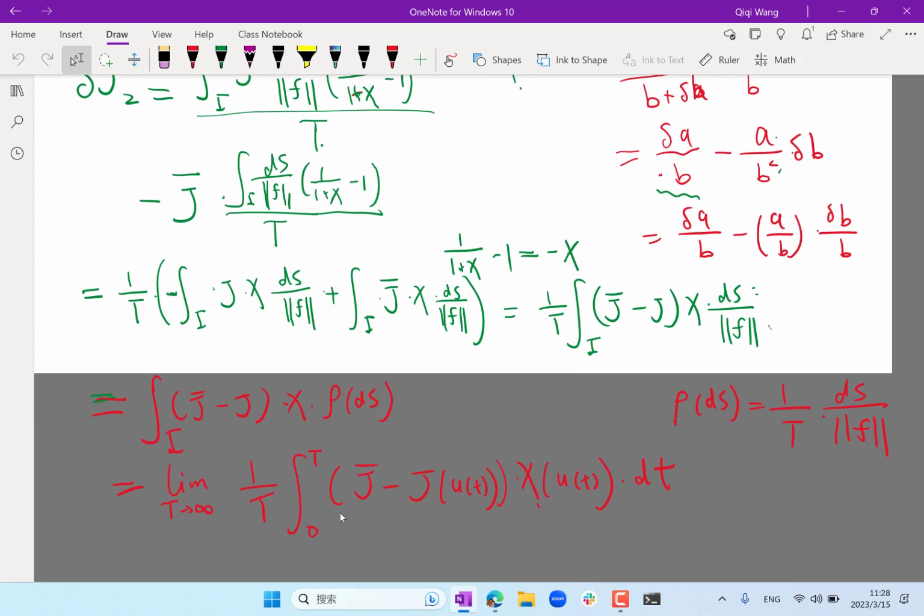So this result makes sense in that if c is positive, that means I'm skipping this segment faster. Therefore, the resulting effect on the objective function is negatively correlated with whether the objective function locally is greater than average or less than average.